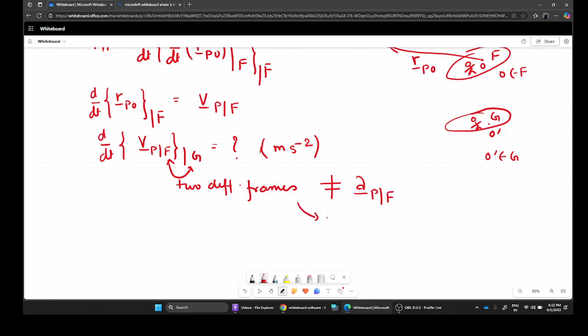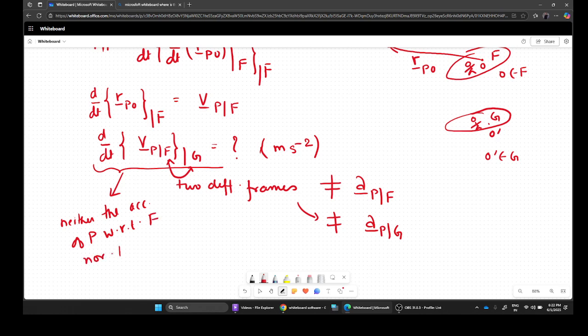For that matter, this quantity is not even APG. So this quantity is neither the acceleration of P with respect to F, nor the acceleration of P with respect to G.